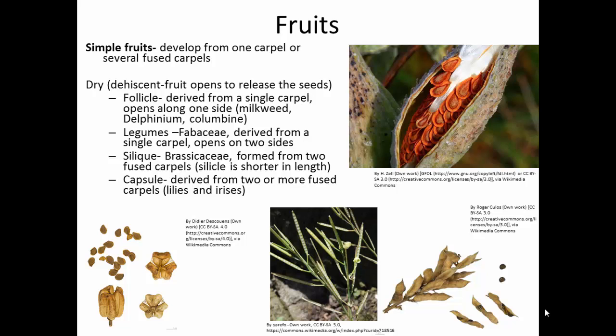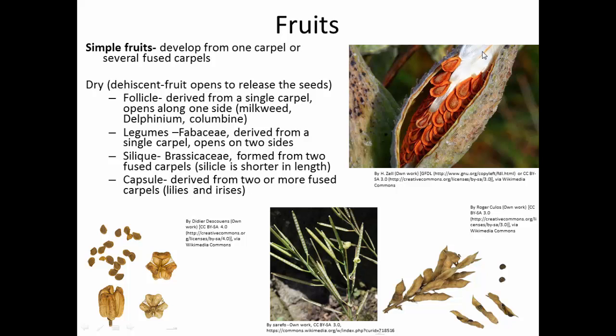Dry means that they're not fleshy, like nectarines and apples and tomatoes. The first example of a dry dehiscent fruit that we'll take a look at is called a follicle. A follicle is derived from a single carpel, and it opens along one side.